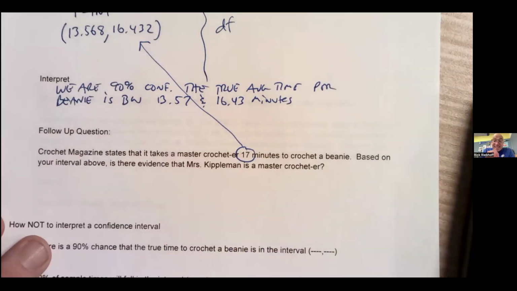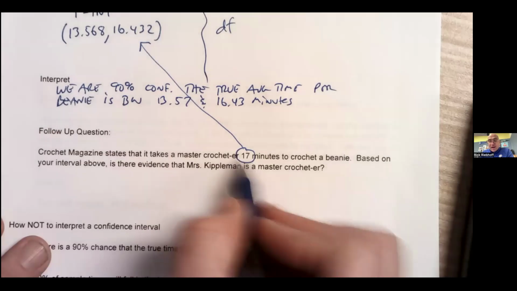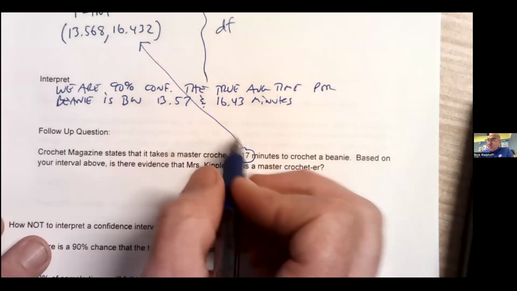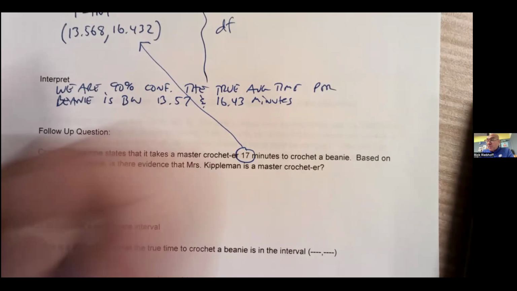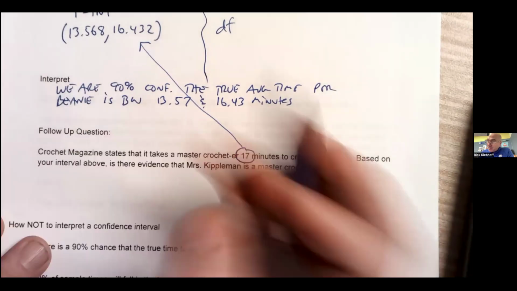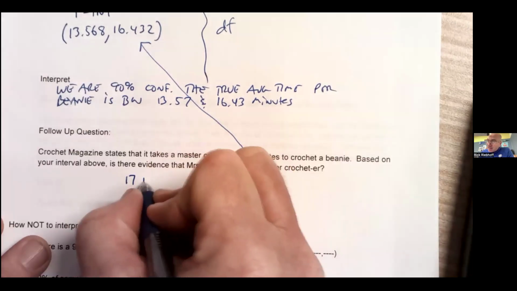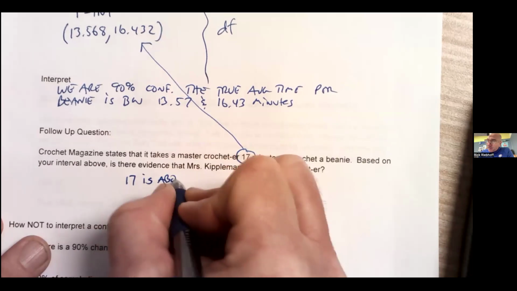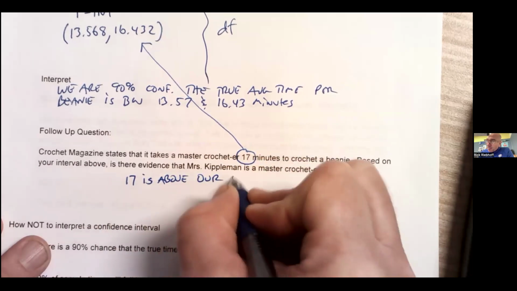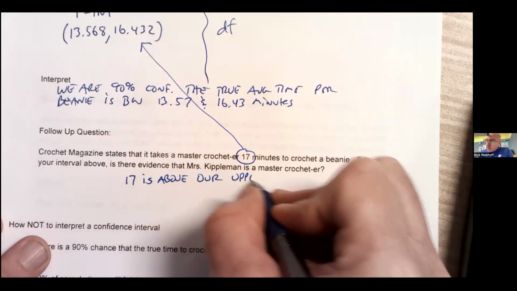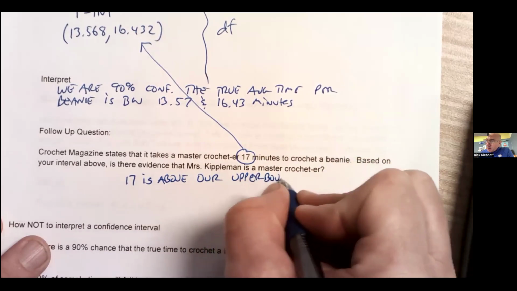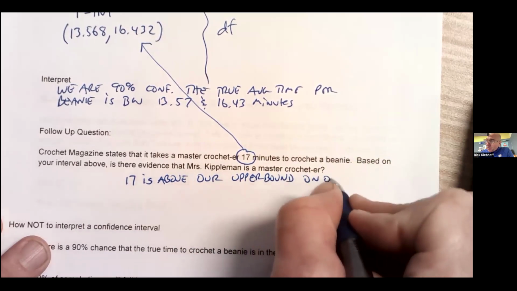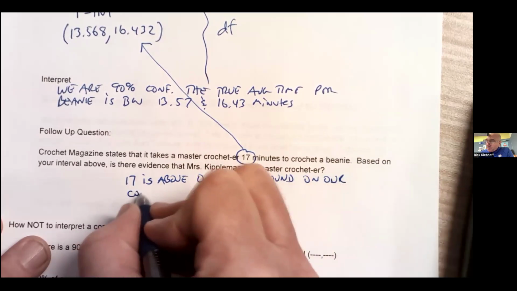Her time is less than the cutoff. I can't say that her time is, we are pretty confident that her time is. So 17 is above our upper bound on our confidence interval.